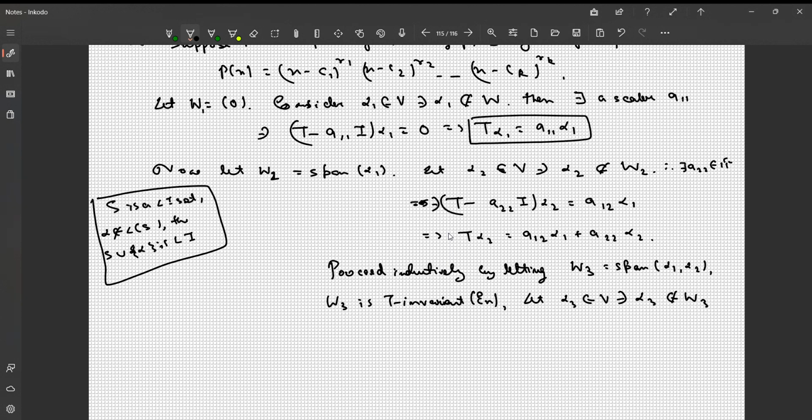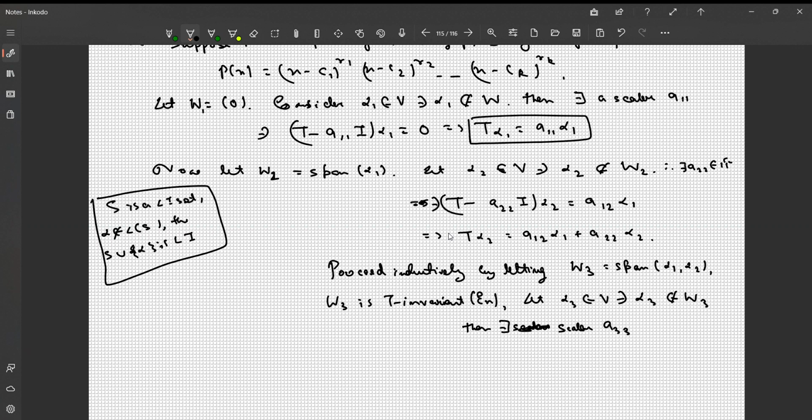Let alpha 3 be a vector in V such that alpha 3 is not in W3. So then that exactly makes the fact that alpha 1, alpha 2 and alpha 3 are again linearly independent.